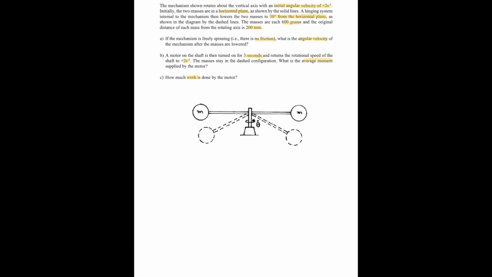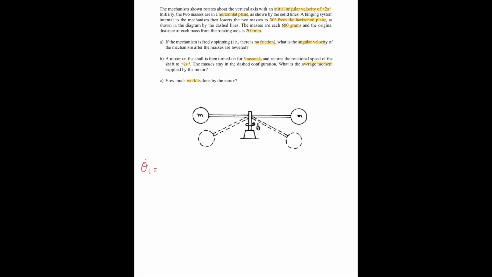So for this question, we're going to first write down what we know. So we know our initial angular velocity, which is 2 per second at theta equals 0 degrees.